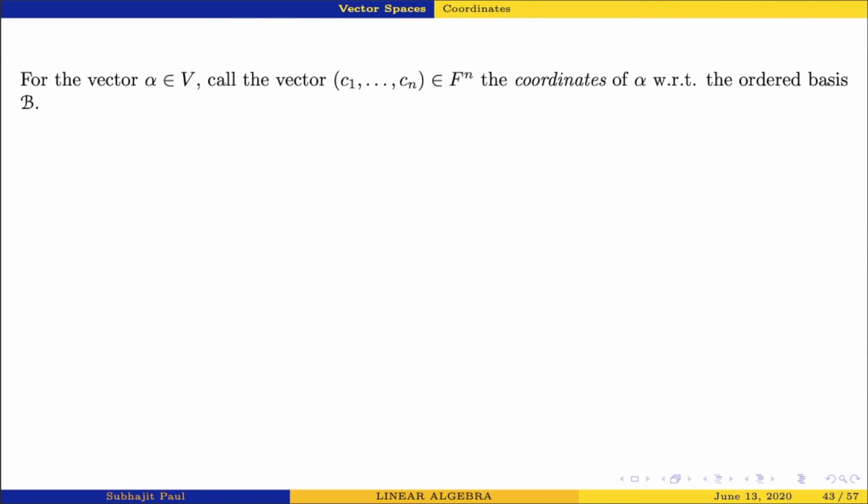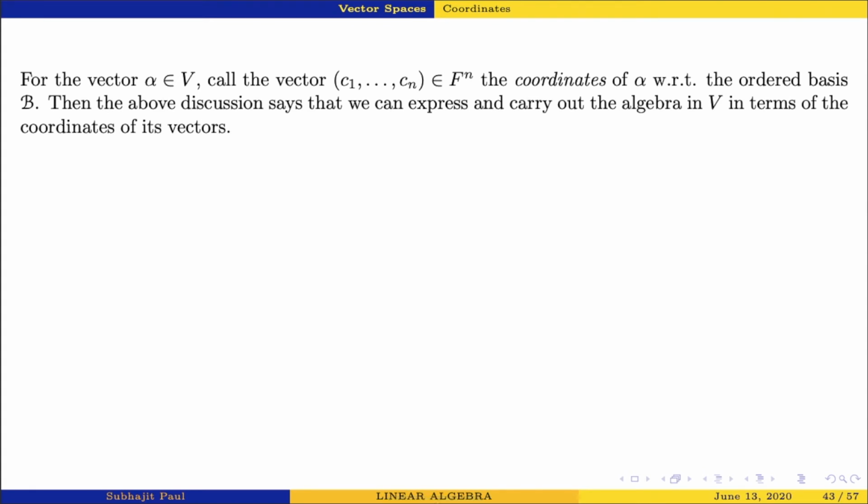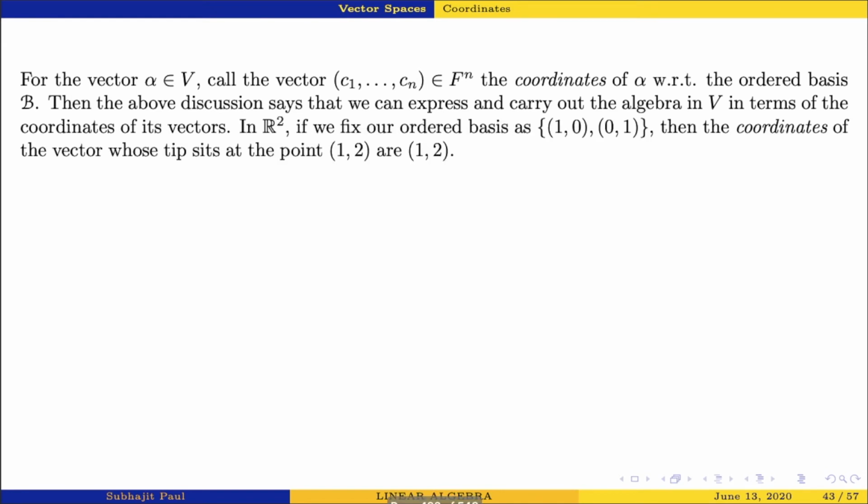Then the above discussion says that we can carry out the algebra in V in terms of coordinates of its vectors. In R2, if we fix our ordered basis as (1, 0) and (0, 1), the unit vectors along the x-axis and y-axis respectively, then the coordinates of the vector whose tip sits at the point (1, 2) are 1 and 2.